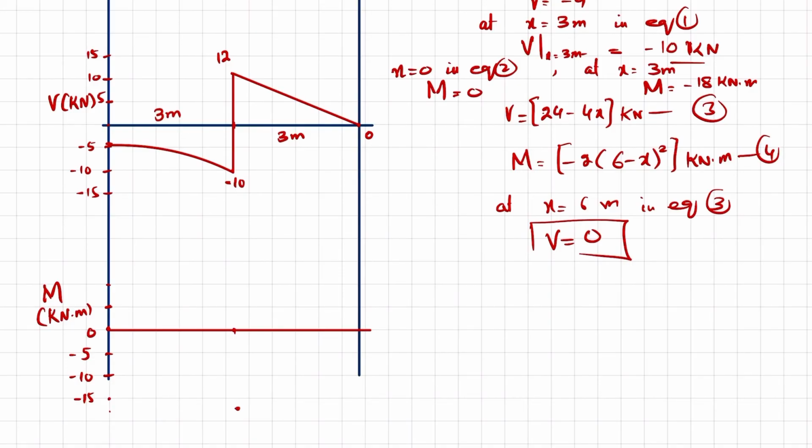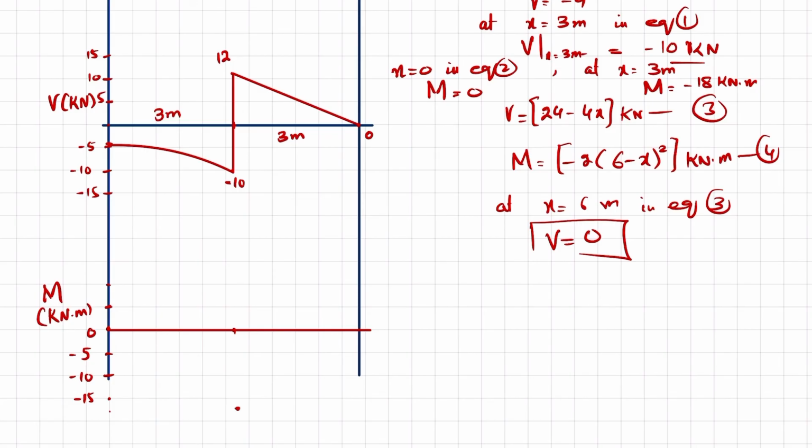Now you can see that the shear force is a second degree curve, so the moment will be one degree higher, and it will also be a curve in this form. It will not be a straight line.